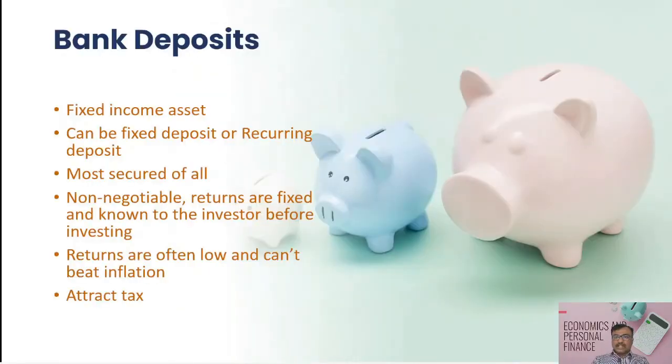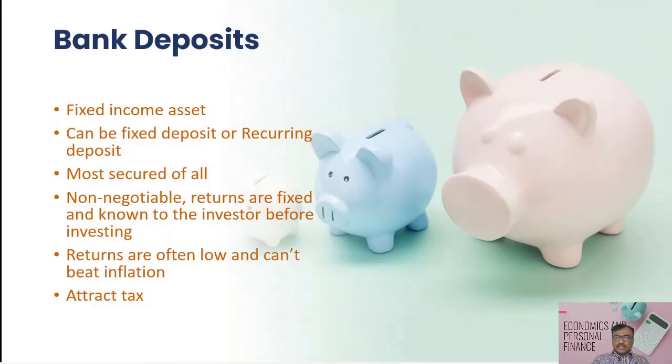So let's discuss bank deposits that can be considered as investment, but they will yield very low returns. Bank deposits are a fixed income asset, which means they provide a regular and predictable income to the investor. There are two main types, fixed deposits and recurring deposits.